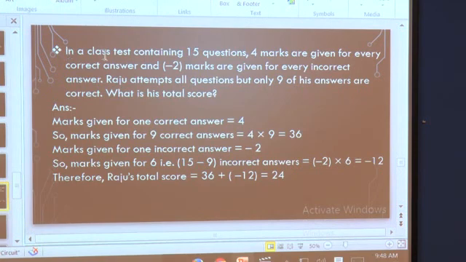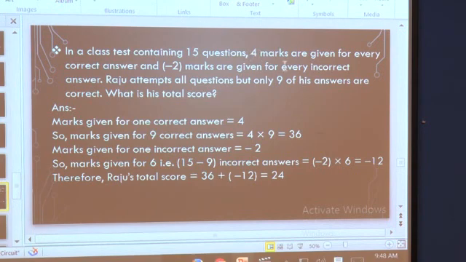A class test contains 15 questions. Now 4 marks are given for every correct answer, meaning for each correct answer you will get 4 marks, and minus 2 marks are given for every incorrect answer. Meaning when you give a wrong answer, your teacher will cut 2 marks.